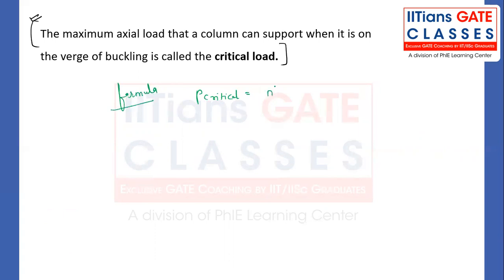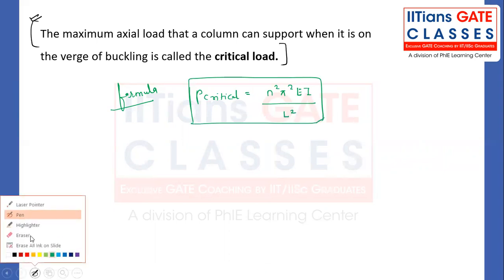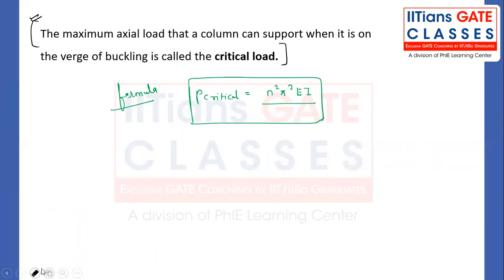Critical load formula will be n square pi square EI divided by L square, right? Sir, what is the n? First time we are learning. It's better that you modify this formula here itself so that no confusion will be there afterwards once we discuss everything. L effective means effective length of the column.